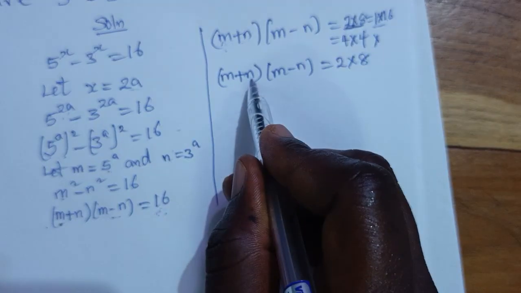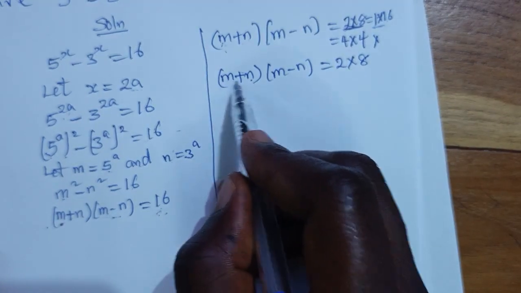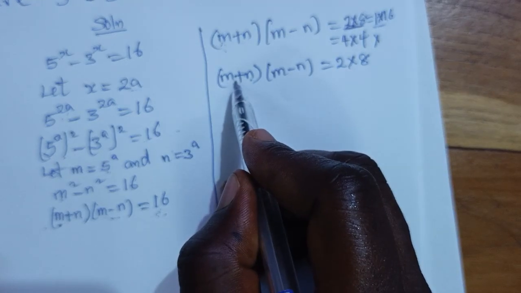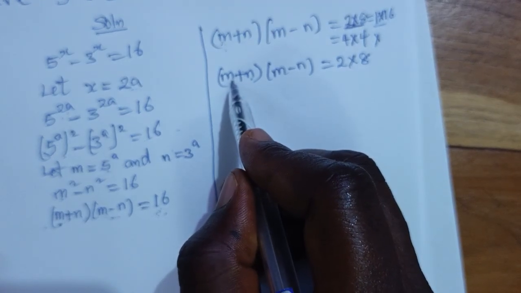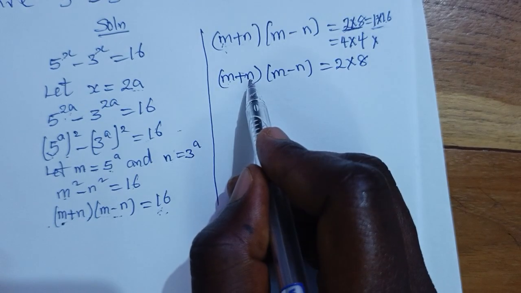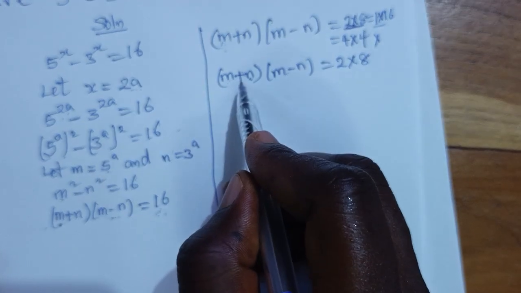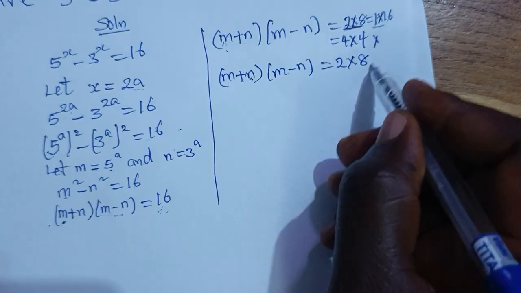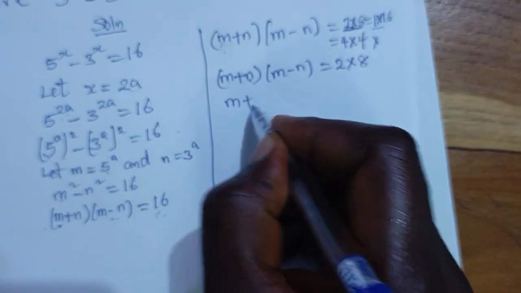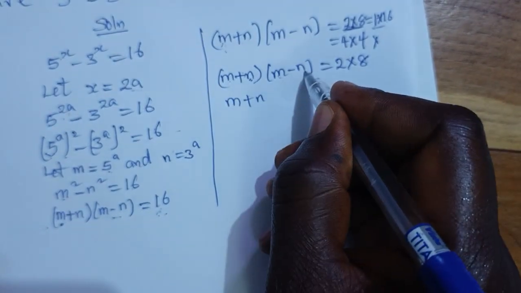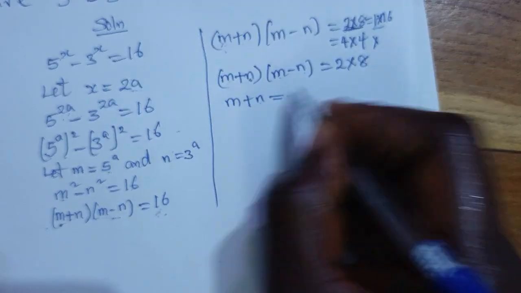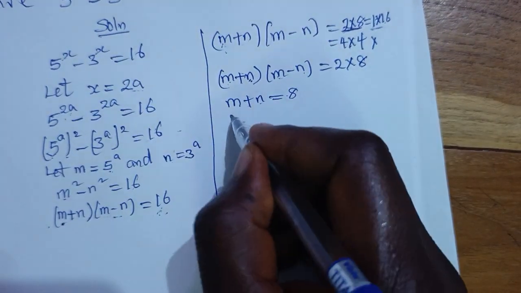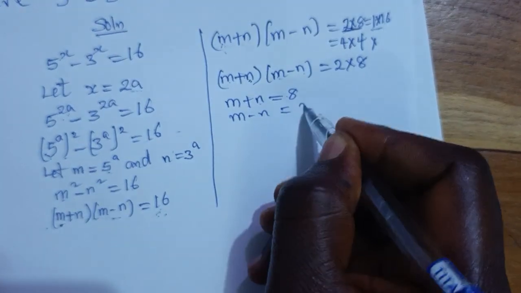Now m and n must be even numbers, so m and n must also be positive integers. As a result, m plus n will be greater than m minus n. So m plus n equals 8, then m minus n equals 2.